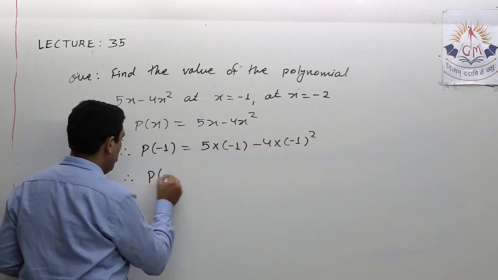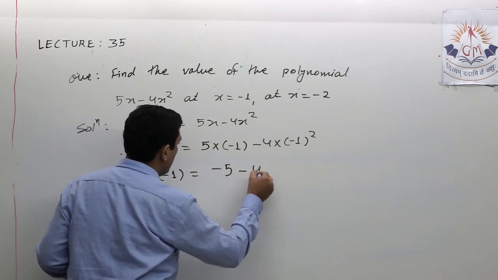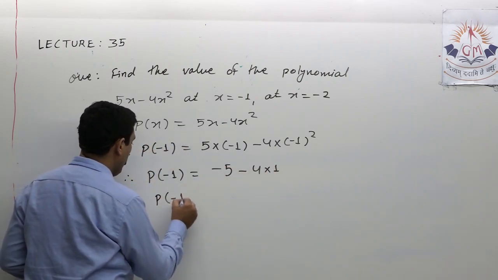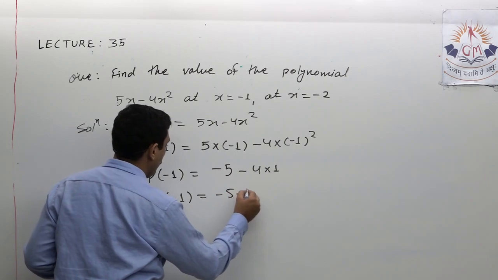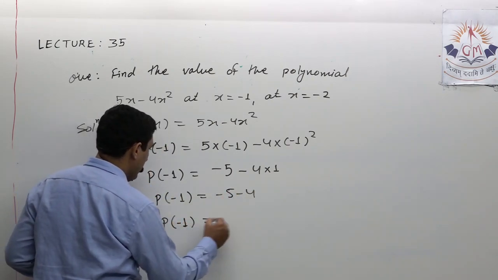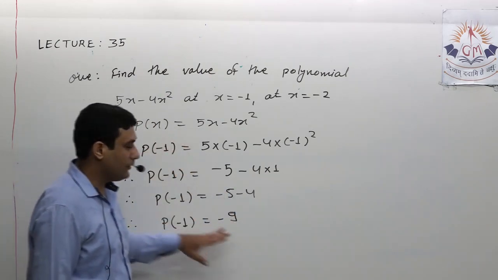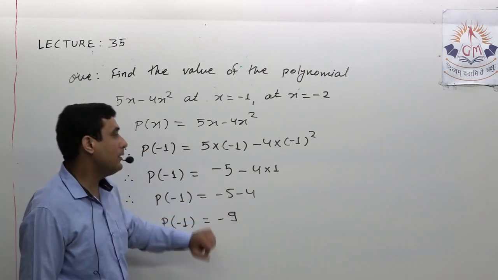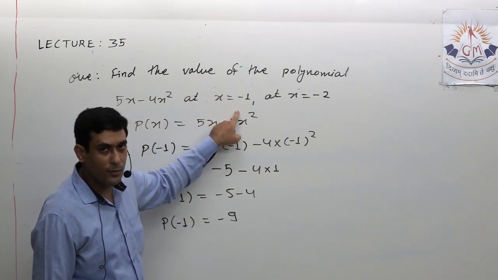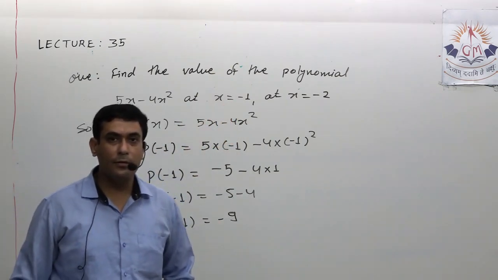So p of minus 1 is equal to minus 5 minus 4 into 1, so p of minus 1 is equal to minus 5 minus 4, and hence our final answer p of minus 1 is equal to minus 9. Or I can say the value of the given polynomial at x equal to minus 1 is minus 9. Please note it down.